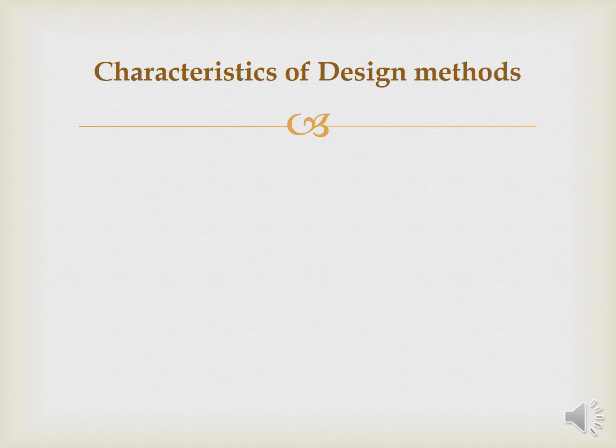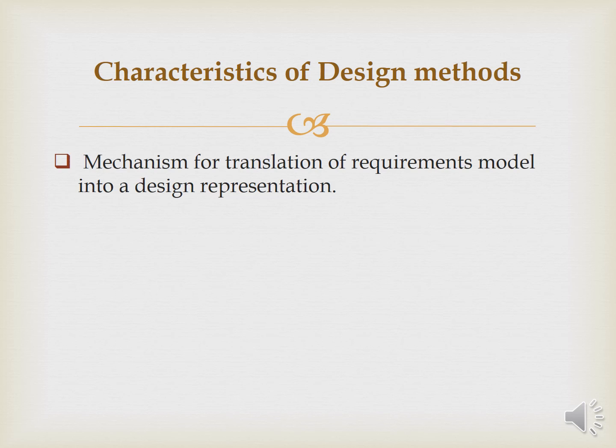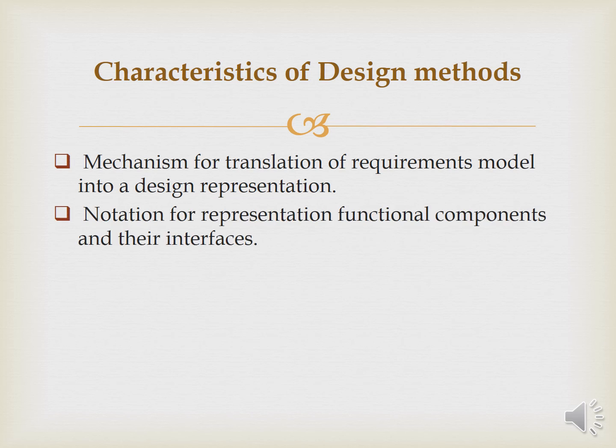Then the next one that is very important, that is the characteristics of the design method. So the first characteristic, that is a mechanism for translation of the requirements model into a design representation.